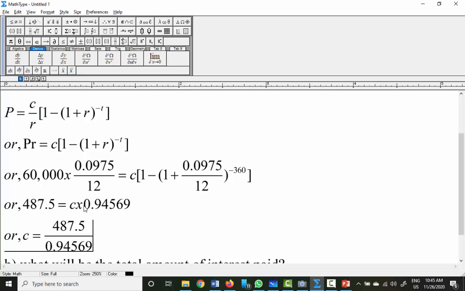We have just calculated it and it's already in the answer, so we can just press 487.5 divided by the answer button, to get a more accurate result.